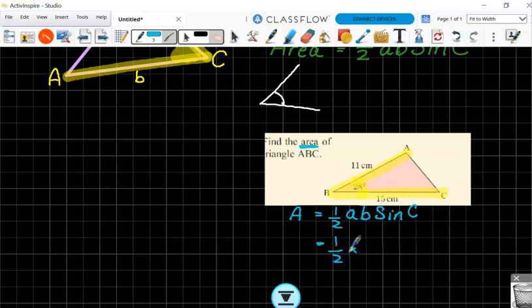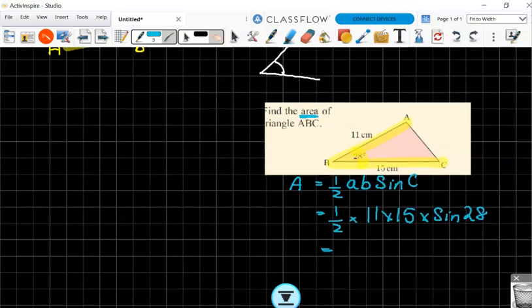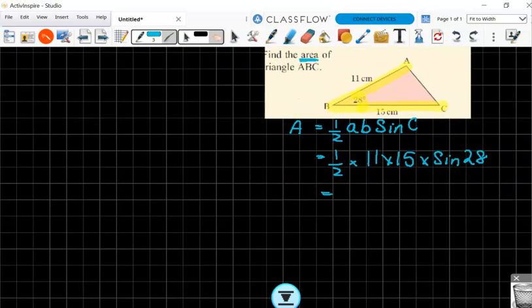So what are the two lengths surrounding the angle? 11 and 15. I don't care if you say 11 times 15 or 15 times 11 because it's the same. And sine of the angle in the middle. And it's off to your calculator and we're done. That is it.